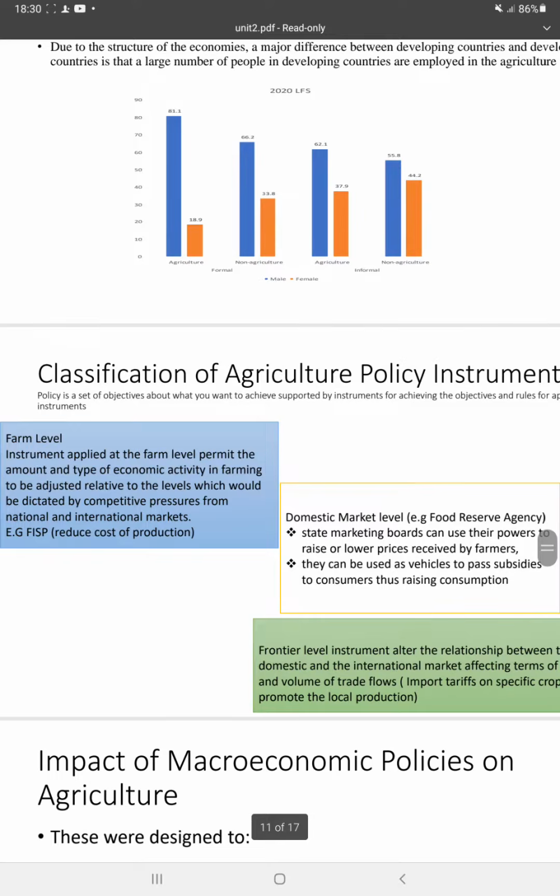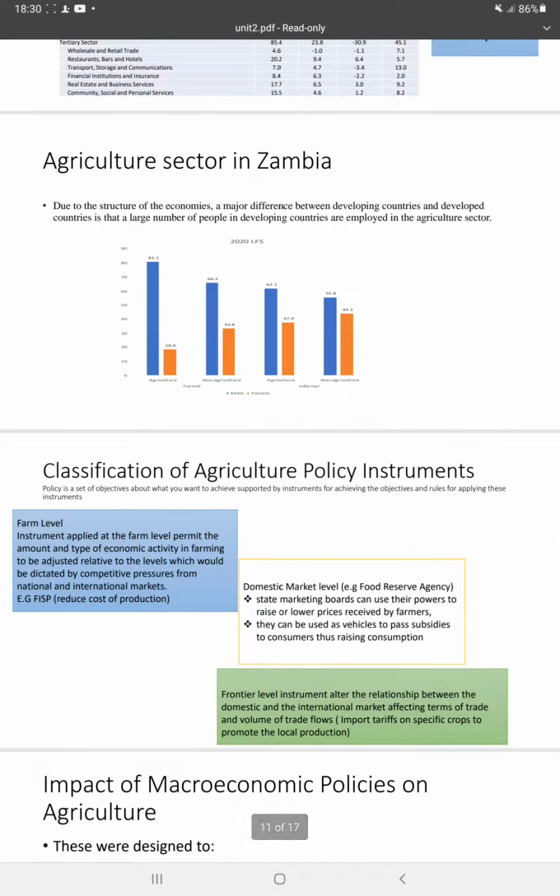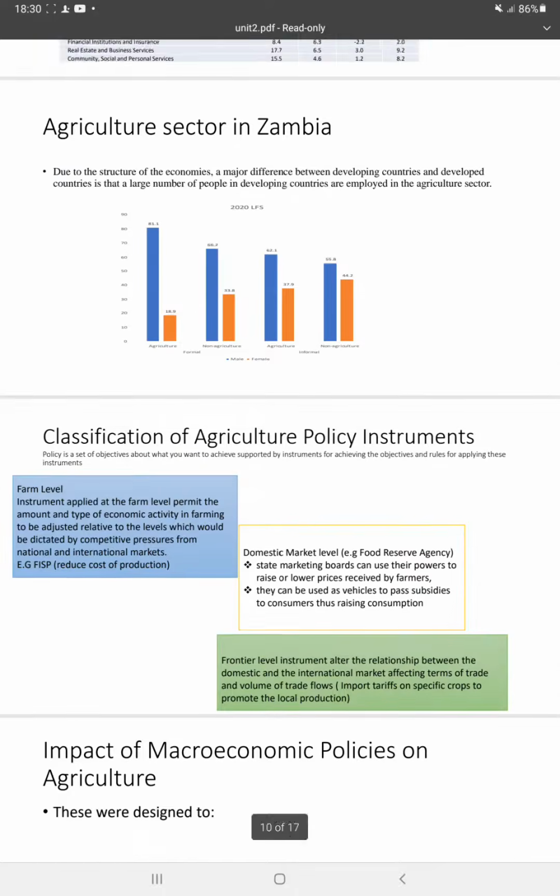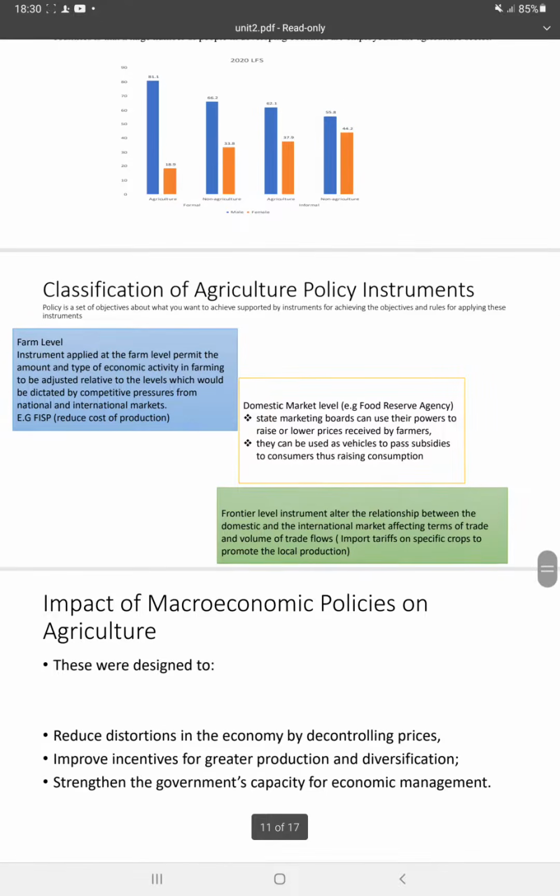Let's look at the classification of agricultural policy instruments. Number one, policy. A policy is a set of objectives about what you want to achieve, supported by instruments for achieving the objectives and rules for applying these instruments.